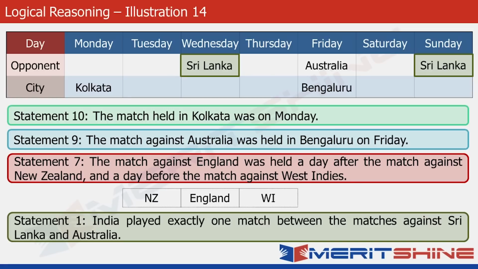It means that the Sri Lanka match did not happen on Wednesday. So let's cancel this, and now we know that the match against Sri Lanka was held on Sunday. The important part here was that without putting this block of New Zealand, England and West Indies in the table, we used it to find the exact position of Sri Lanka in the table.